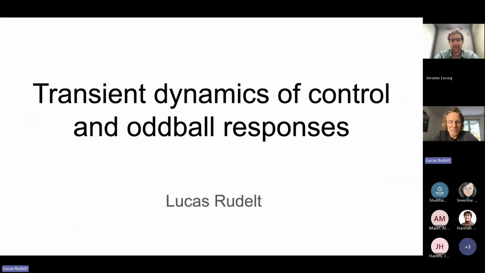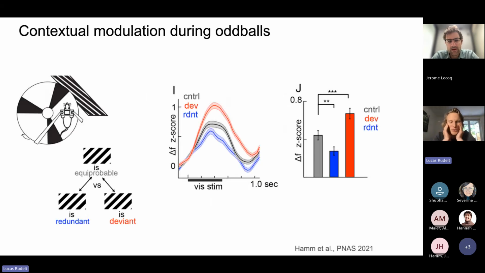Okay, so today it's about transient dynamics of control and oddball responses. These terms, especially the control, might be a bit odd for some people. What I'm referring to is this idea that we can show the stimulus in different contexts. There's the oddball context, where the stimulus is shown redundant, with many repetitions, or it is deviant, a very rare deviant of this redundant context.